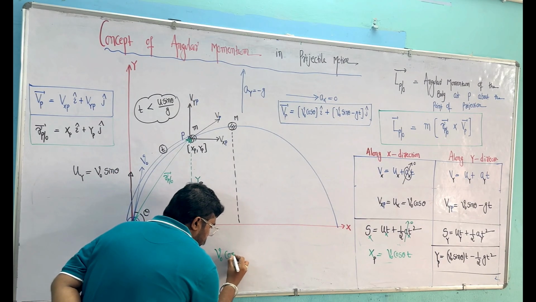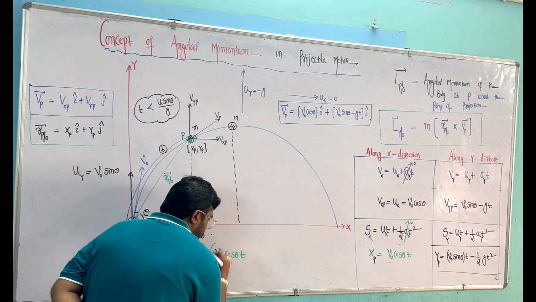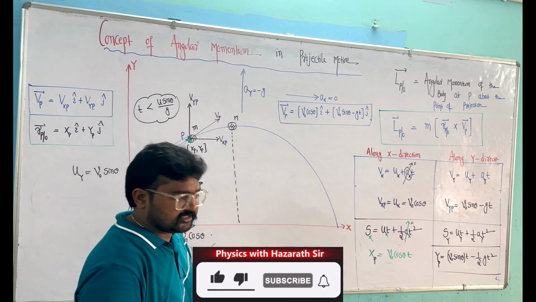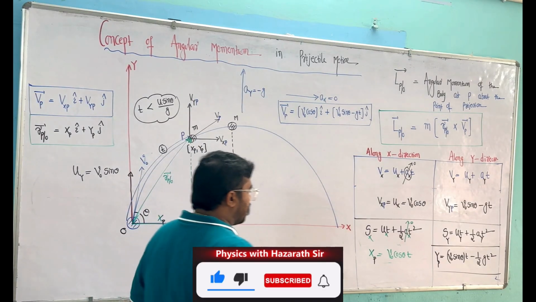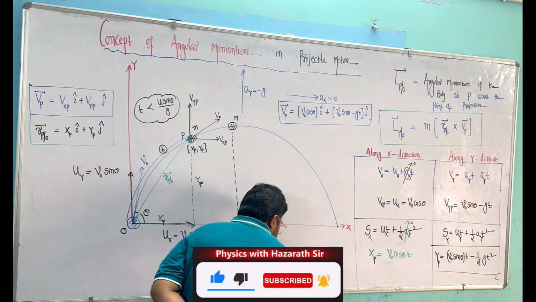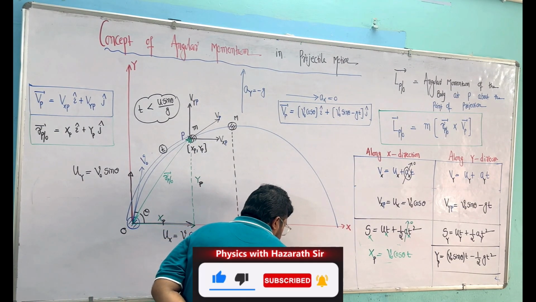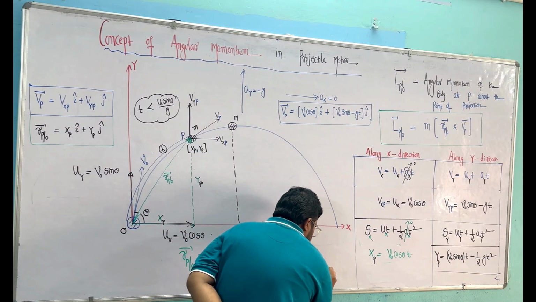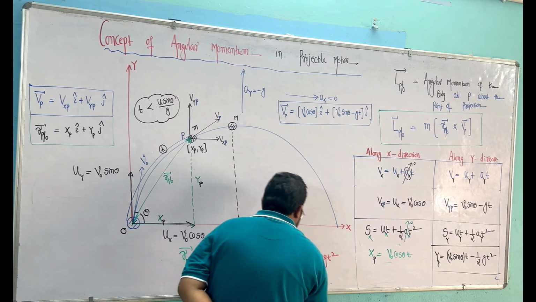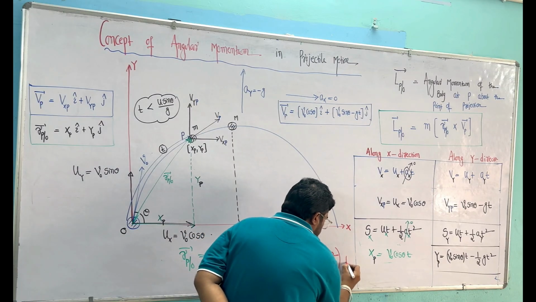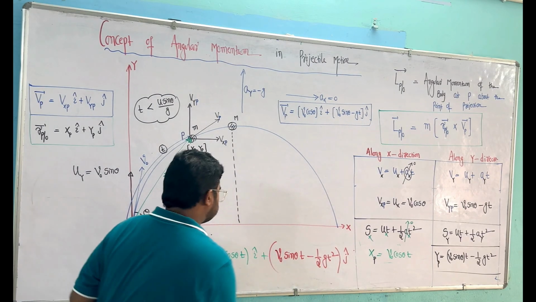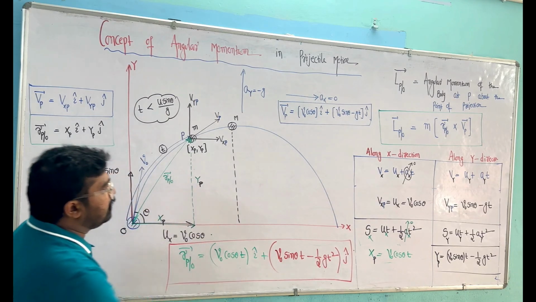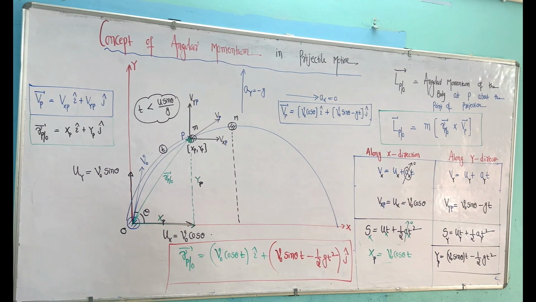V naught cos theta into t, this is i cap, plus V naught sin theta into t minus half g t square, this is j cap. Are you clear or not?